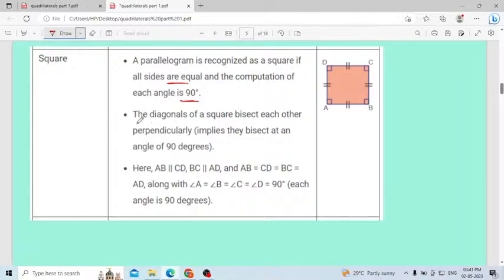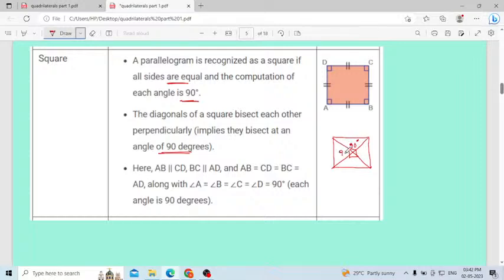Then the diagonals of a square bisect each other perpendicularly. They bisect at an angle of 90 degrees. I will write the square here. Consider this is the square. Here also the two diagonals will bisect, and the angle at the intersection will be 90 degrees.